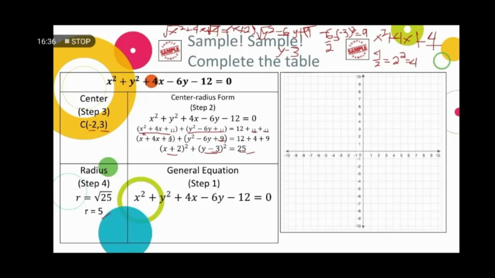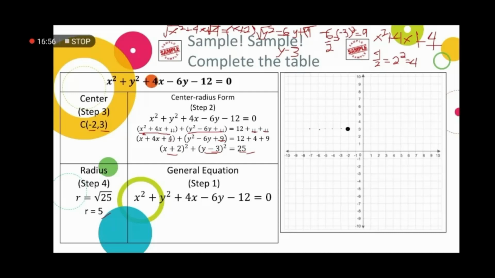So what does the graph look like? First, we will locate the center, which is at negative 2, comma 3. So here it is. And we have a radius of 5. So we will count 5 from here, 1, 2, 3, 4, 5.